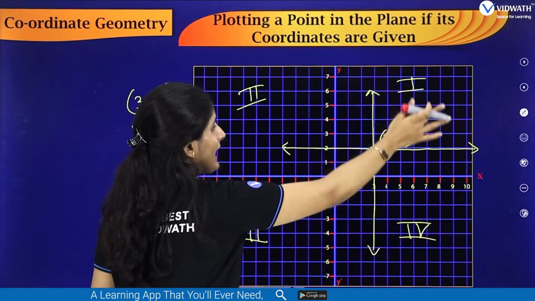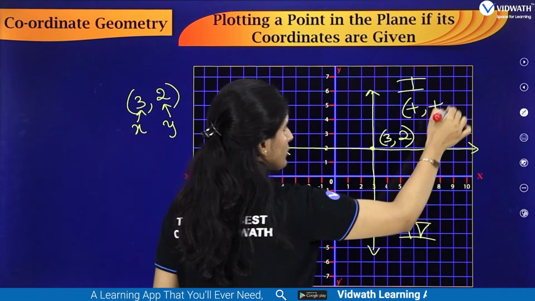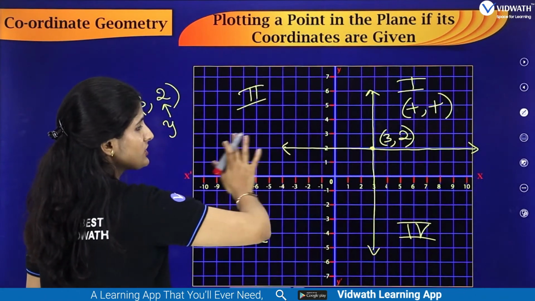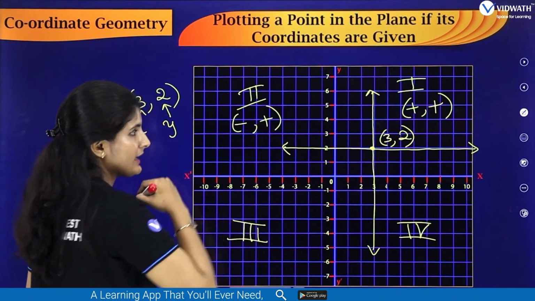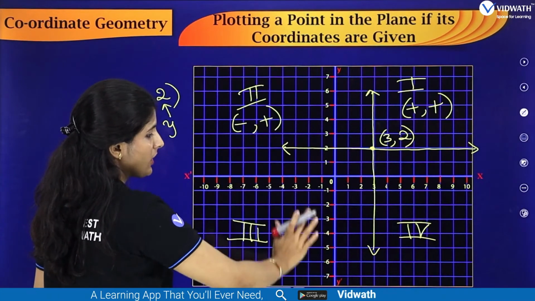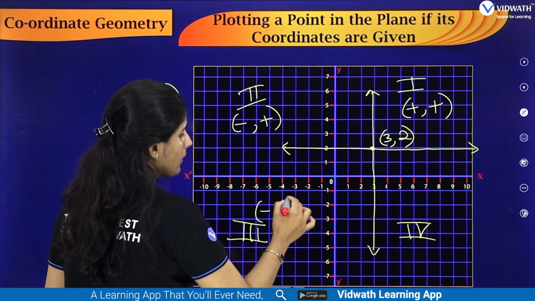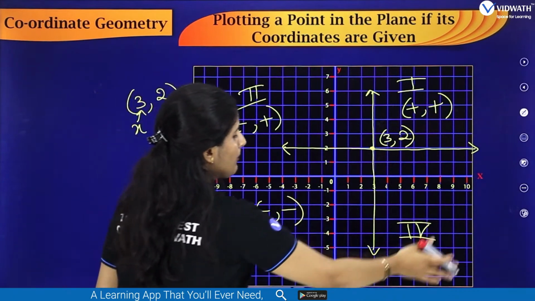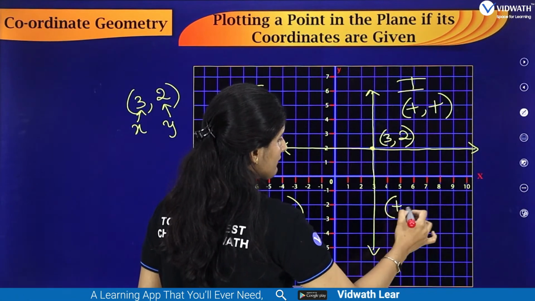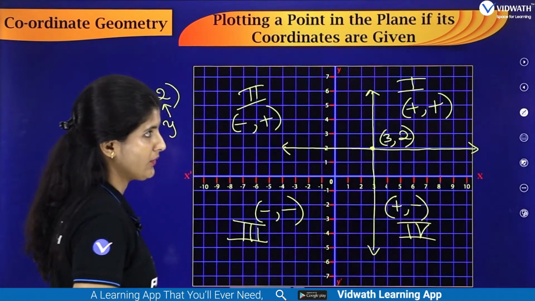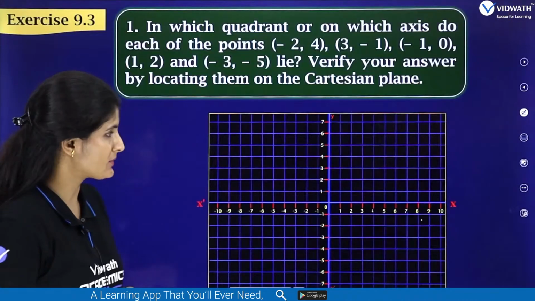Also, we have seen that any point on the first quadrant will have both of its coordinates to be positive. Any point in the second quadrant will have its x coordinate as negative, y coordinate as positive. Any point on the third quadrant will have its x coordinate as negative and y coordinate as negative. Any point on the fourth quadrant will have its x coordinate as positive and y coordinate as negative. We shall make use of this information to solve a number of problems.